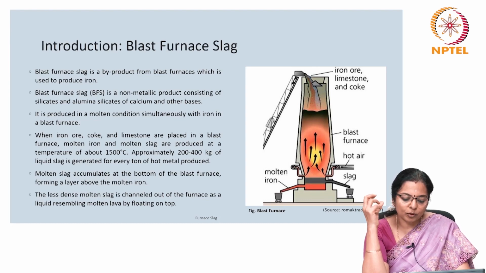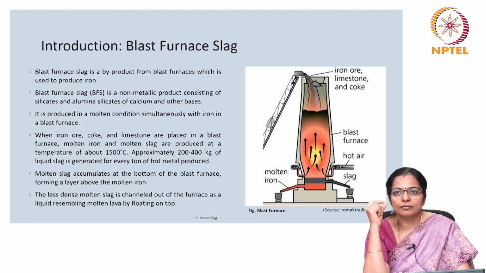So, it is produced in a molten condition along with iron in a blast furnace. For every ton of hot metal produced, approximately 200 to 400 kg of liquid slag is formed.